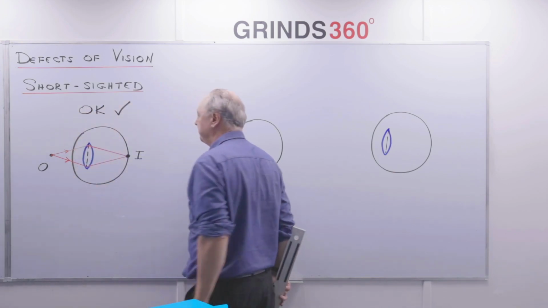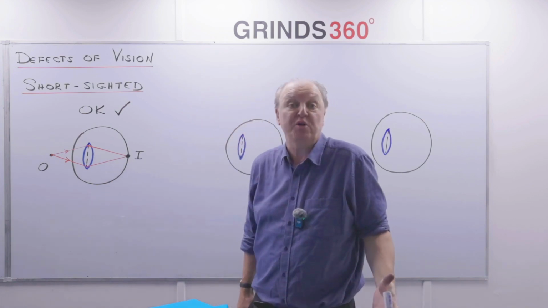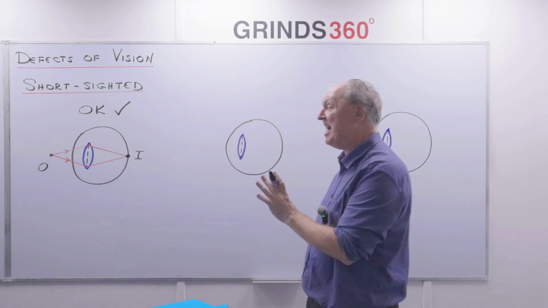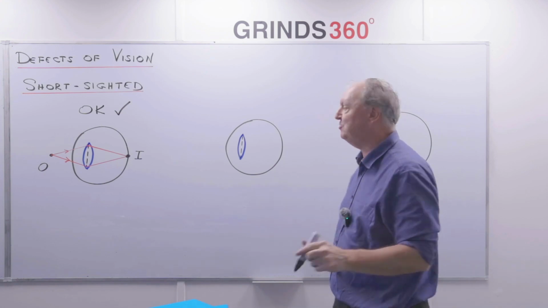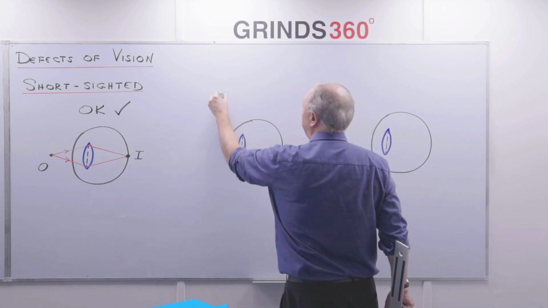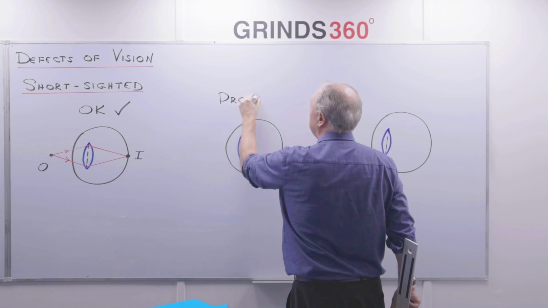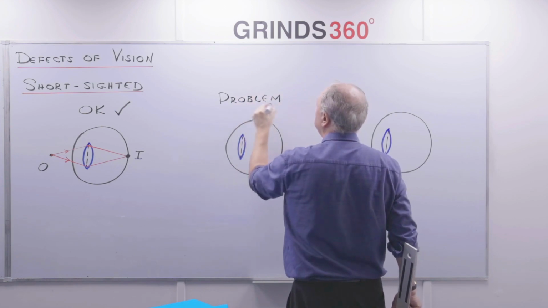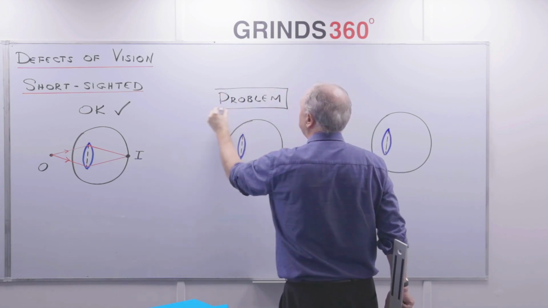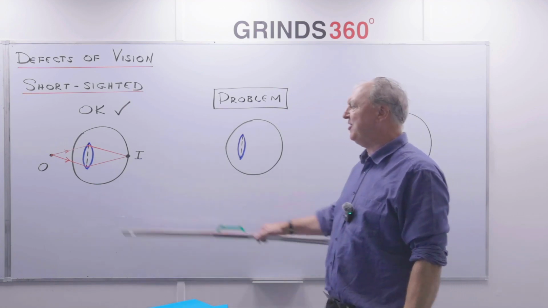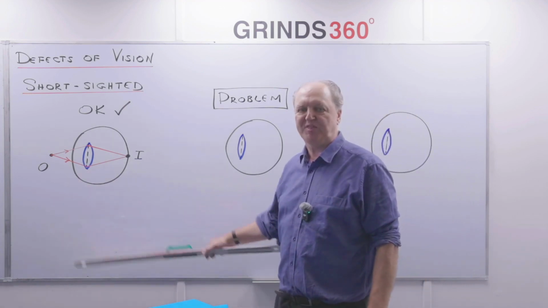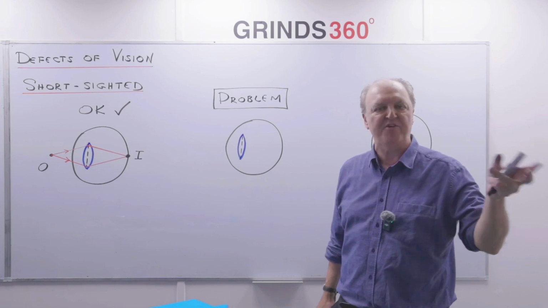Everything is fine. Now what does this person have a problem with? They've no problem with that. They have a problem with looking at distant objects. So here's their problem. Well, if I'm looking at a distant object, the rays of light can't really diverge like that, or they'll just go straight over my head or down to the ground.